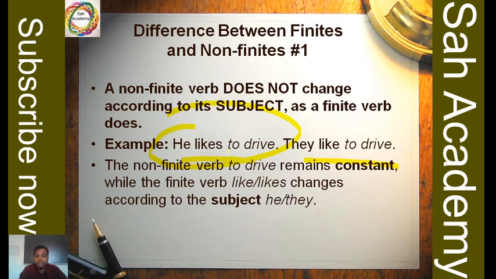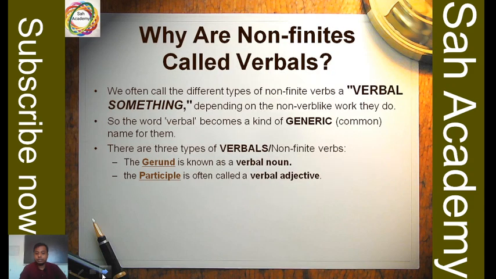Why are non-finites called verbals? Because we often call the different types of non-finite verbs a verbal something, depending on the work they do, so the word verbal becomes a kind of generic or common name for them. There are three types of verbals: the gerund, also known as verbal noun; the participle, often called verbal adjective; and the infinitive, which does the work of a noun, an adjective or an adverb.